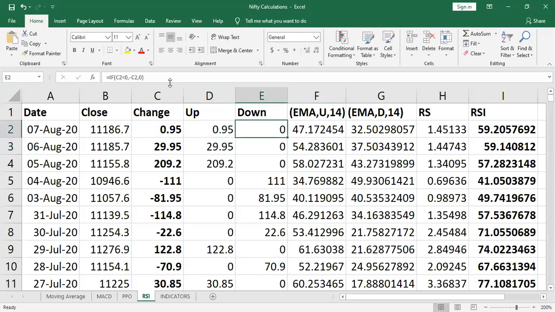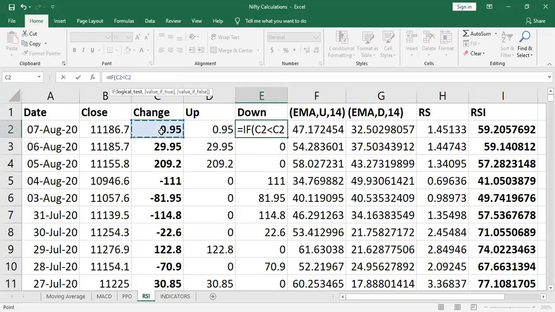Same here, we want the negative numbers. So IF this number is less than 0, comma, this number, but we want it negative because negative into negative is positive, so it will show only the number, comma 0.